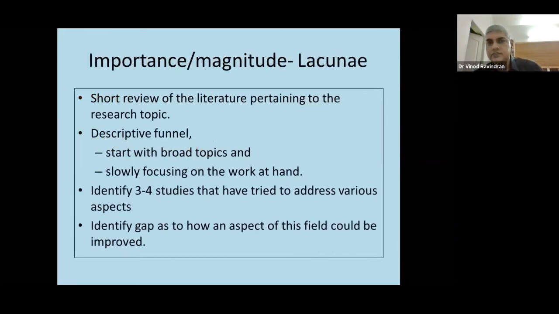So, it is important to have a logical structure in your introduction writing. You will start normally with a short review of the existing literature, and this has to be relevant. And then you can use something called a descriptive funnel. You start with something broad and narrow it down. So for example, you say that rheumatoid arthritis is a chronic autoimmune polyarthritis.